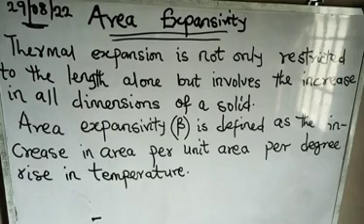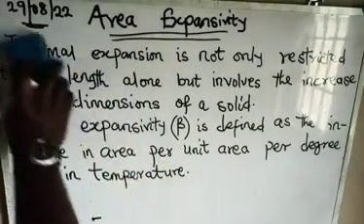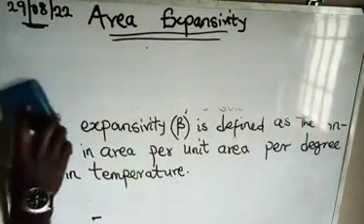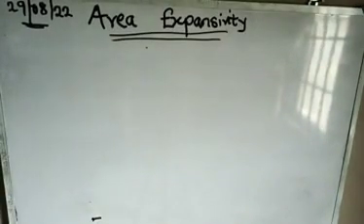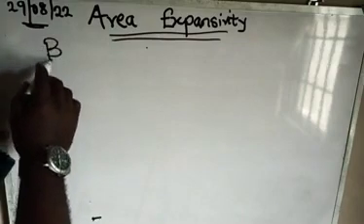Now, area expansivity, in brackets beta, is defined as the increase in area per unit area per degree rise in temperature. Mathematically, we can write this definition as area expansivity, which is given as beta.